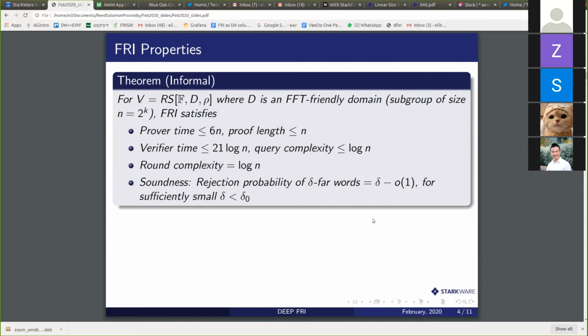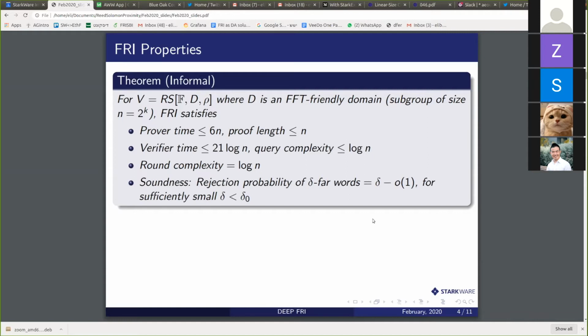And in this model, the prover time is linear in n, where prover time is the number of arithmetic operations, multiplications and additions in the field F. So the number is not just O of n, but the constant in front of the O is at most 6. So it's a very small constant. The verifier time is not just logarithmic in n, its constant is at most 21. And the query complexity itself is log n.